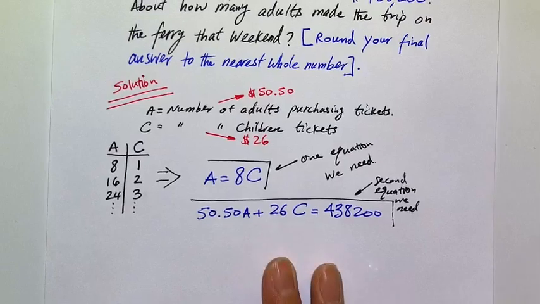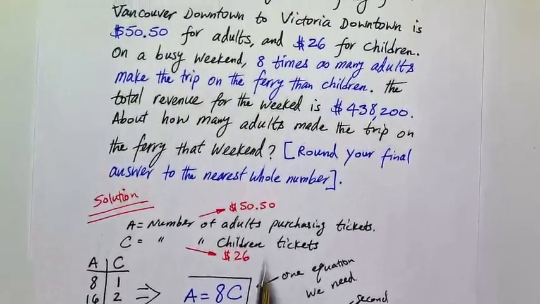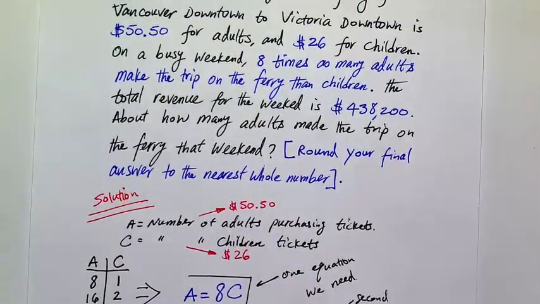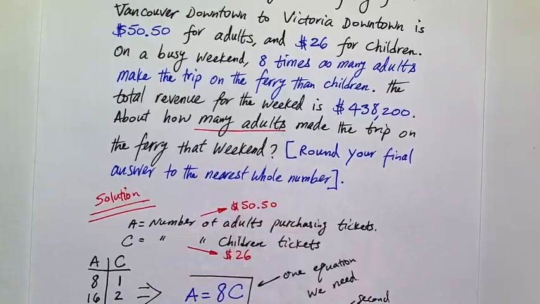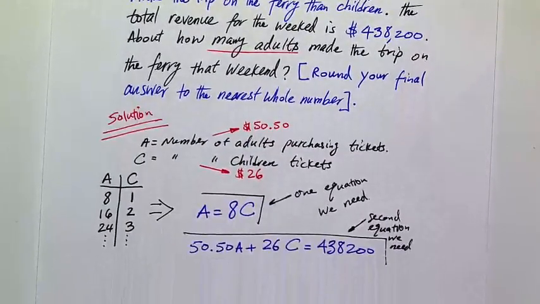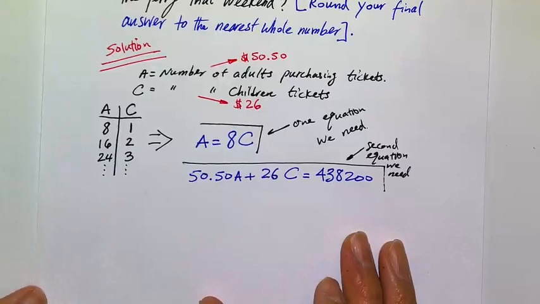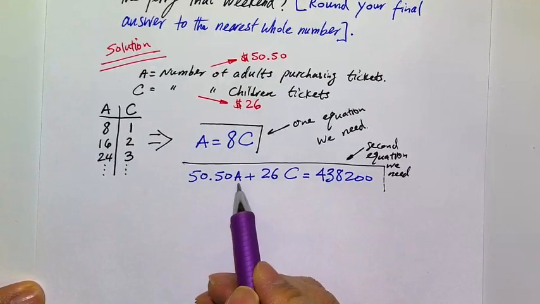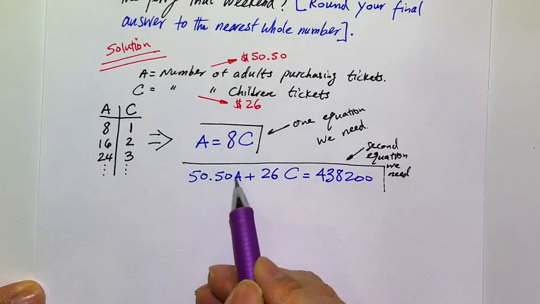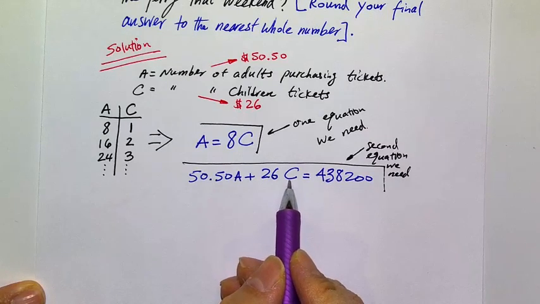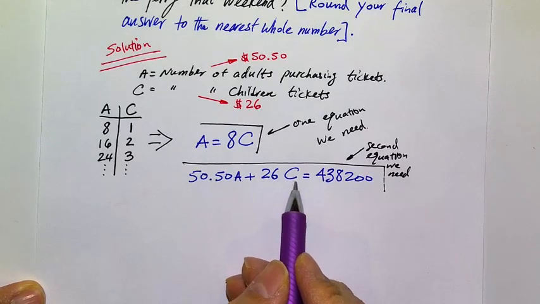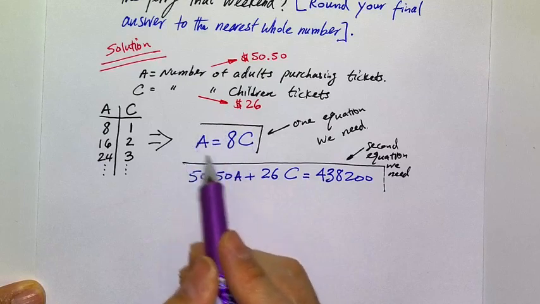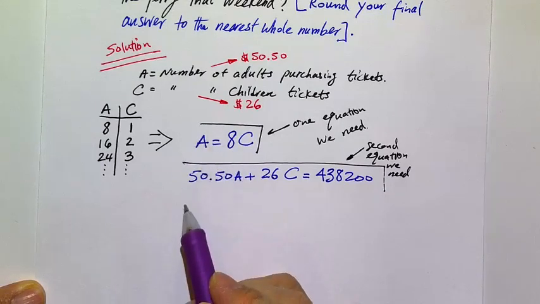In this particular case, they're asking how many adults. That's the question. They don't care how many children bought the tickets, only how many adults purchased the tickets. So in this equation, if we're looking for A, adults, then we need to get rid of this C, right? How do we get rid of it? Well, this first equation can help us do that.